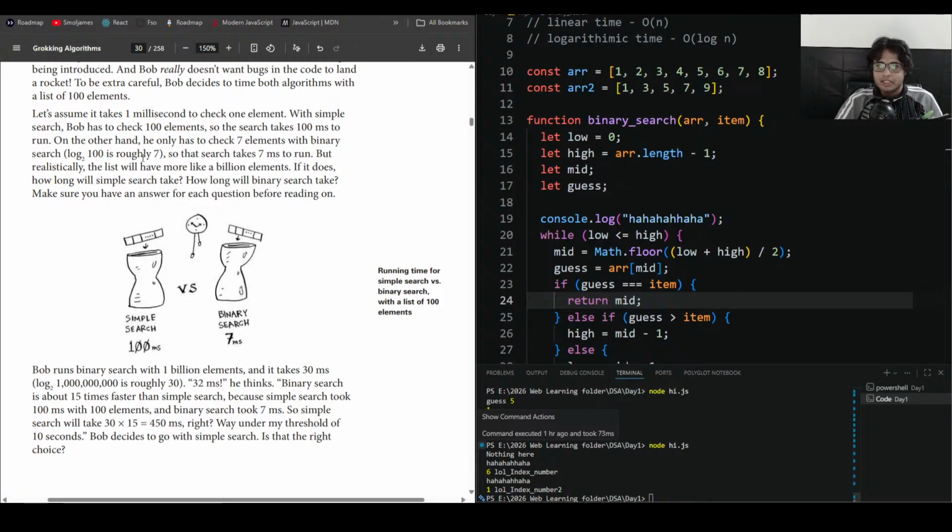So that search takes 7 milliseconds to run, but realistically the list will have more, like a billion elements. If it does, how long will simple search take? How long will binary search take? Make sure you have an answer for each question before reading on.